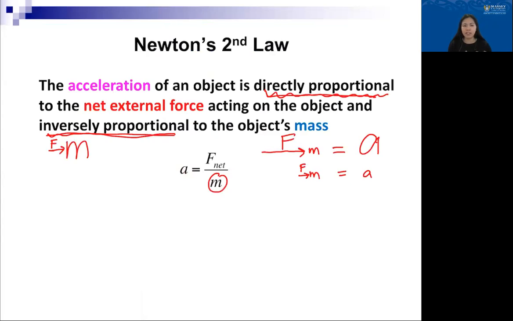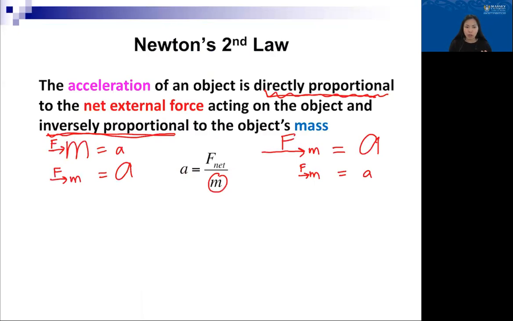Small, right? Imagine pushing a car as opposed to pushing a chair. The car is so massive, you'll get a small acceleration, as opposed to pushing a small mass with the same amount of force, where you'll get a big acceleration.